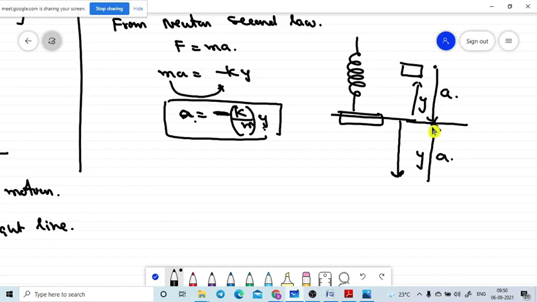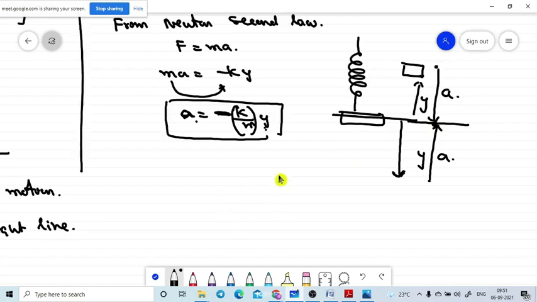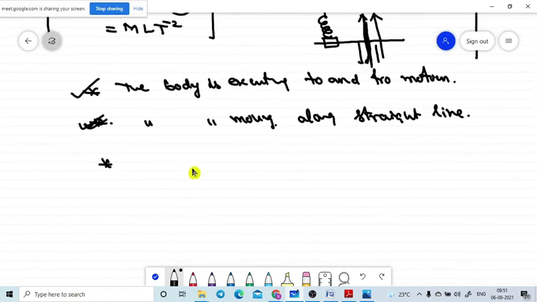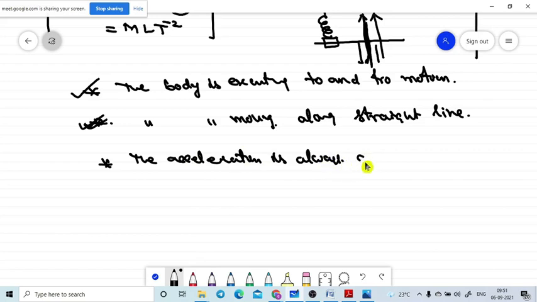Yes, sir. So the third condition I am writing here. In simple harmonic motion, that is the third condition: the acceleration is always directed towards the mean position.